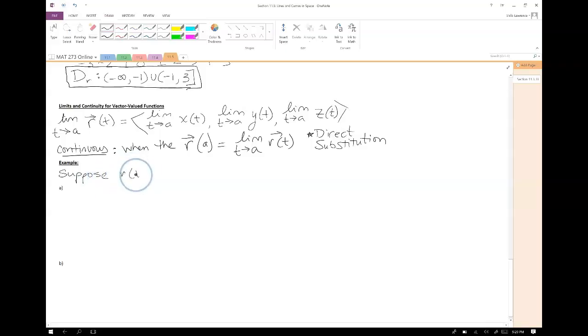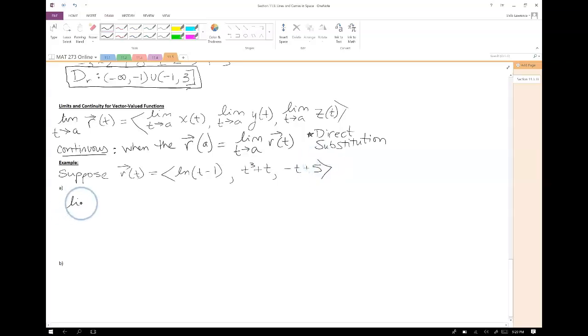Let's suppose r of t is a vector valued function, and it has components natural log of t minus 1, t cubed plus t, and negative t plus 5.